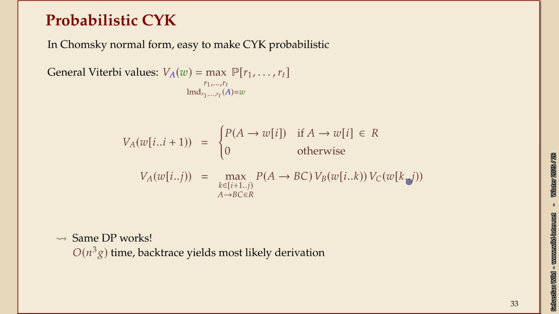But if that is the case, the probability to do exactly that is the probability to first use that rule, then use all these rules, and then use all these rules. So I just multiply them all together. And here I take the maximum over all options because I want the most likely part. So the same dynamic programming approach works, the same running time results, and the backtrace gives me the most likely derivation. And I just keep track of where the maximum came from.